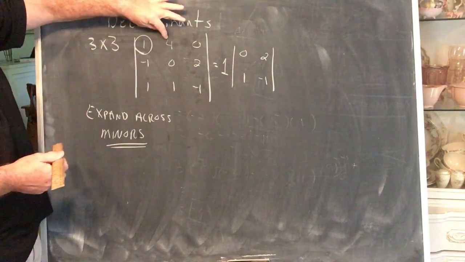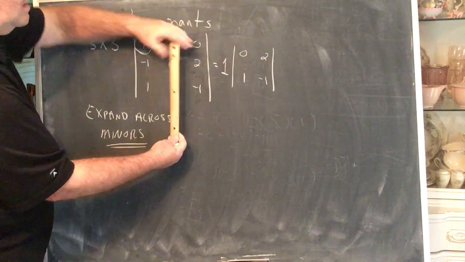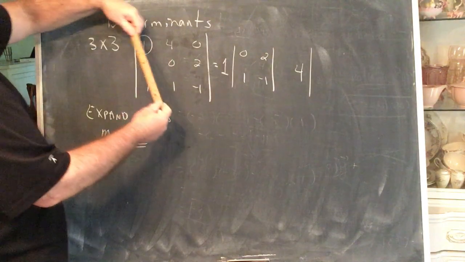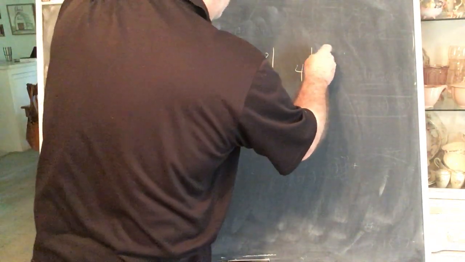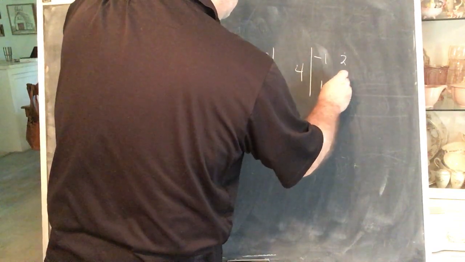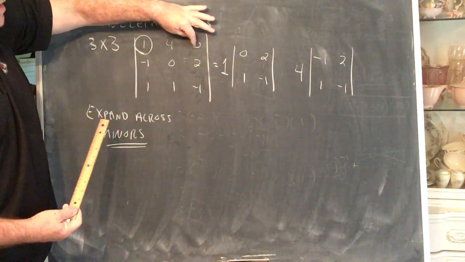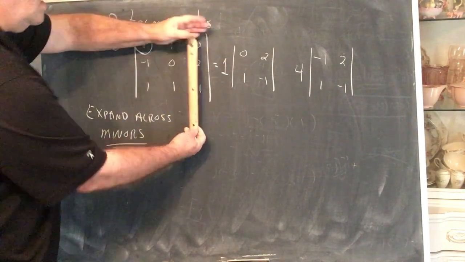Now I need the minor of 4. So eliminate that row, eliminate that column. So that's 4. And when you eliminate that column, that is negative 1, 2, 1, negative 1. And then finally, the minor of 0, eliminate that row, eliminate that column, negative 1, 0, 1, 1.